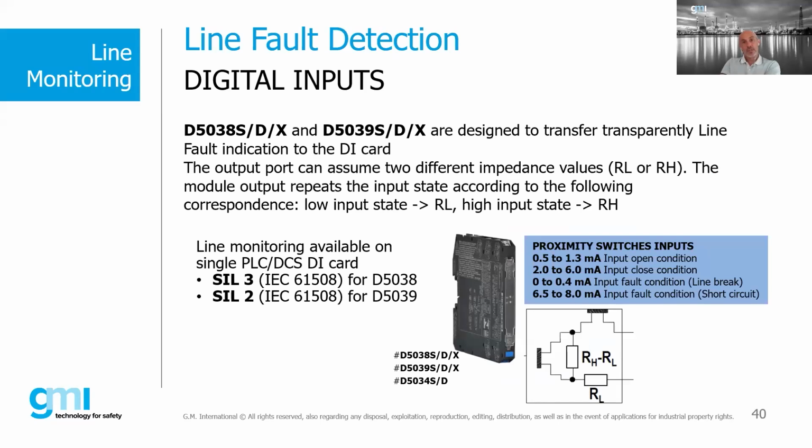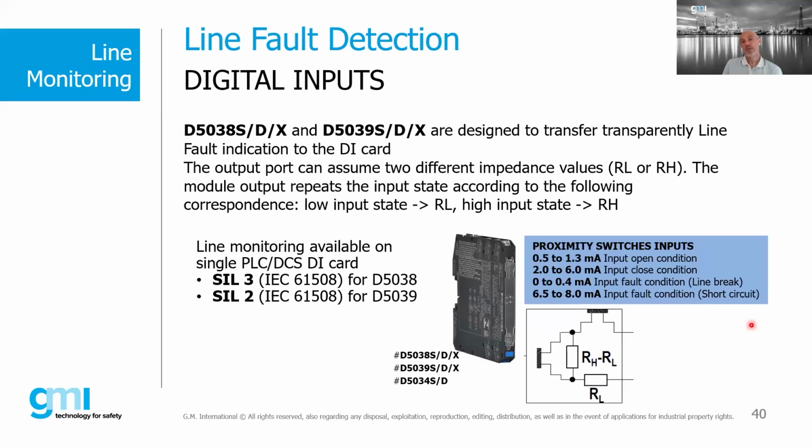We do have also the digital signal. If you have a proximity or a contact, we have some solutions that can be either C2 or C3 compliant, with a resistance on the output that gives you a value of resistance in case of fault. So you can detect switch open or closed, or open circuit or short circuit.